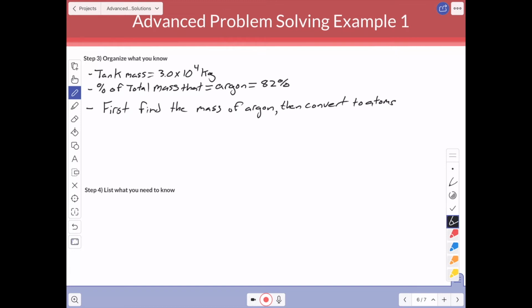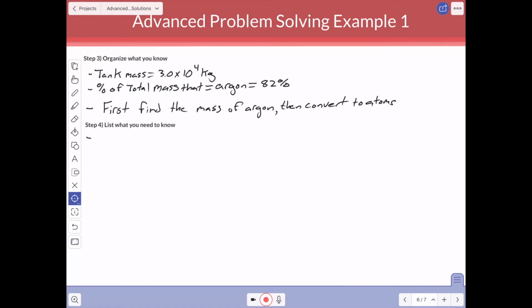Okay. So, now that we have everything down we know, we need to state what we need to know, right? Well, what do I need to know? In order to solve this problem, what I need to know is what the fraction of the total mass is, because that will be my actual number of atoms, right?